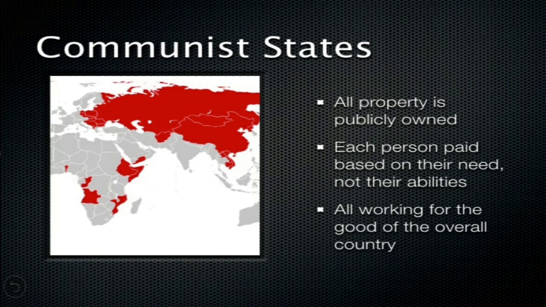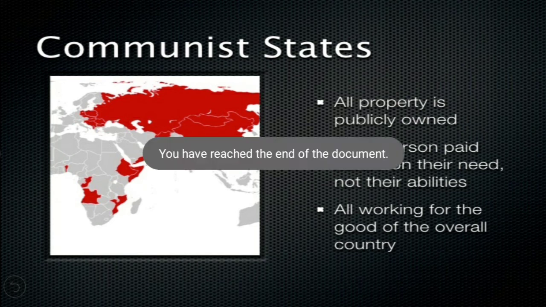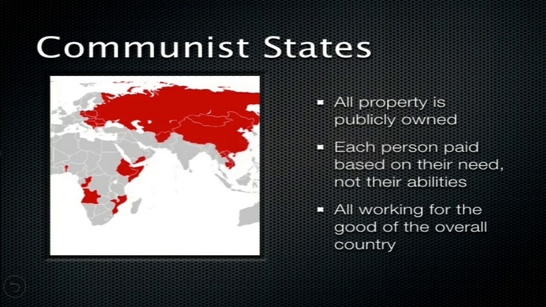This means that the property is owned by the public itself, they are paid according to their needs and not according to their abilities, and all work for the good of the overall country. Everybody in this type of government works for the betterment of the overall country, of its citizens, of each and every person living in the country.